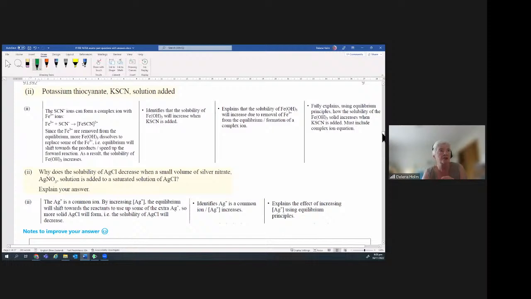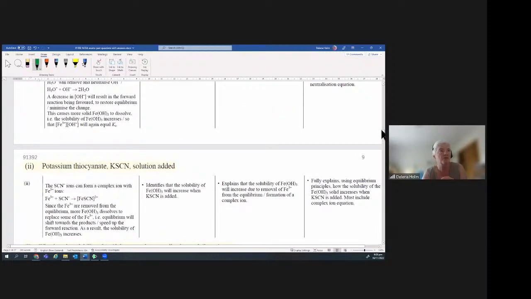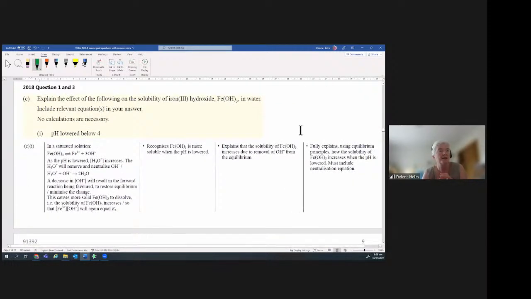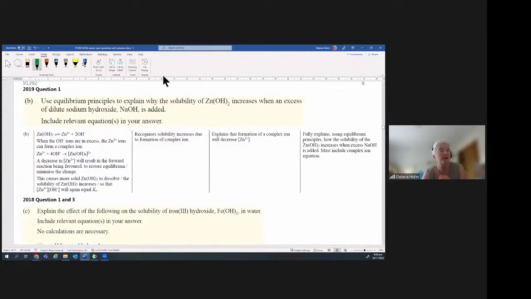So if I go back to, say, an ammonia one, if I added ammonia, let me go back to, say, over here. Say this wasn't sodium hydroxide. Ammonia is a base, so it's going to increase the hydroxide ion in solution, which means when I first add the ammonia, I'm going to get more zinc hydroxide precipitating because I have increased my pH. So that's why I say with pH, you've got to be careful.